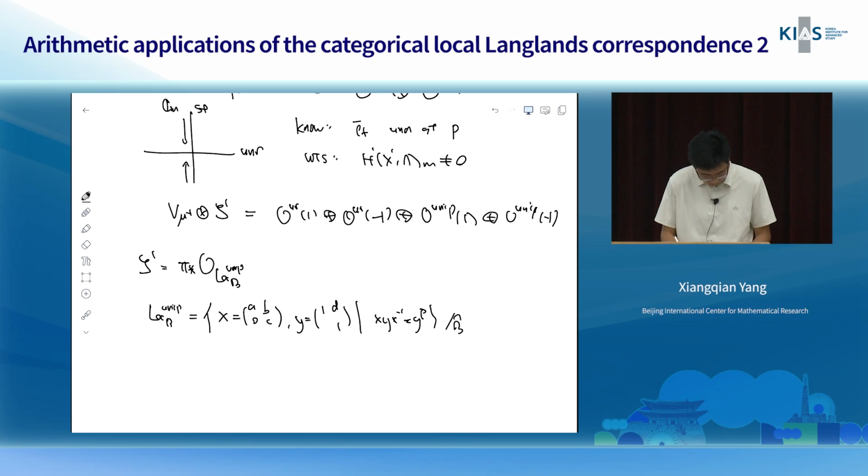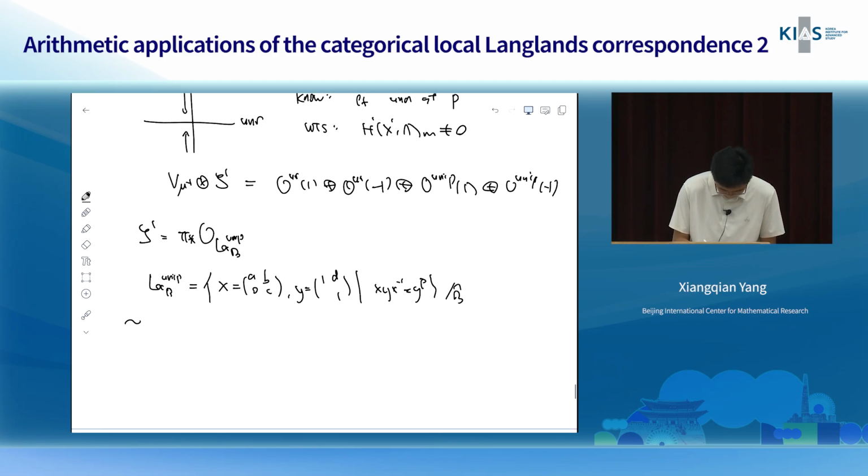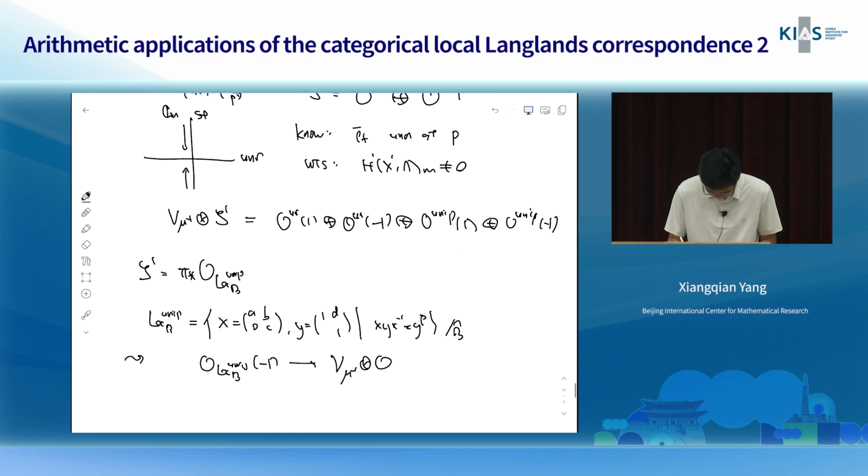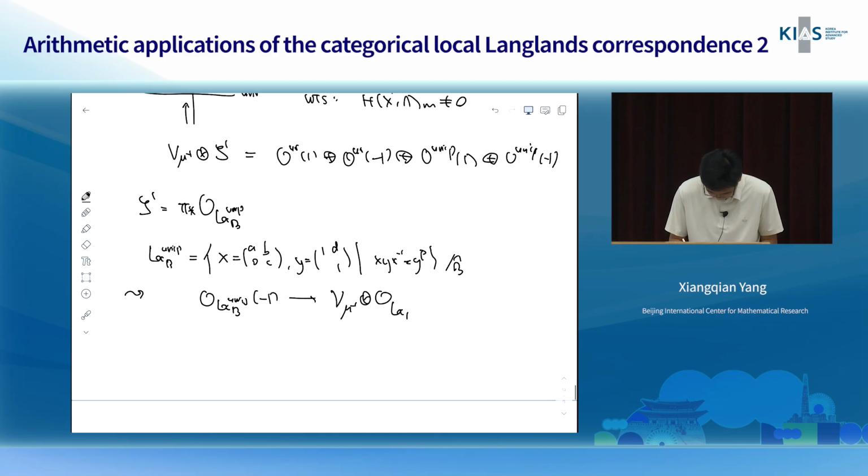And so we have the following exact sequence. We have O log B minus 1 mapping to this V mu inverse tensor with O, and then that maps to O1.